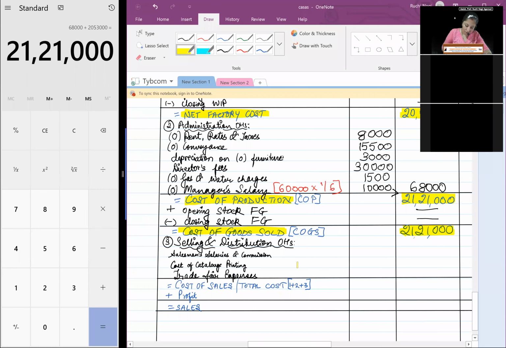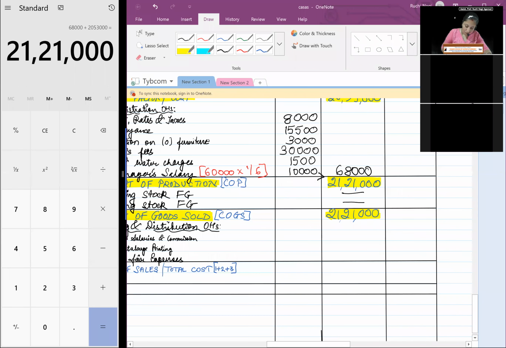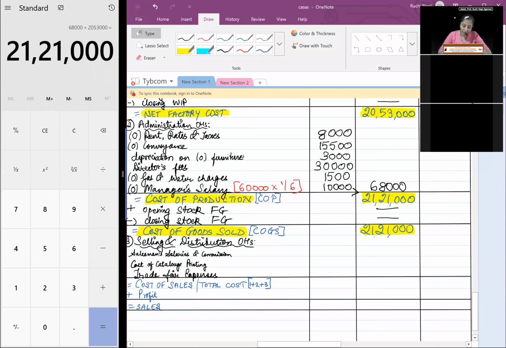So how do you get cost of production? Net factory cost 20,53,000 plus your new admin overheads 68,000. Okay, add the new total to the previous total. So my recent total is 21,21,000. No opening, no closing stock of finished goods. So my cost of goods sold is also the same.